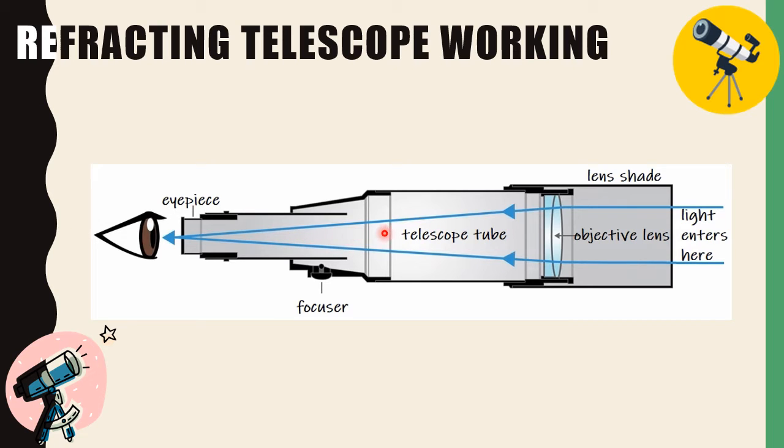It's a tube and there is a focuser here which also will focus this refracted ray to a point. So, the eyepiece can be moved back and forth to adjust the sharpness of the focus. The focused rays enter the human eye and we get the clear picture on the retina.